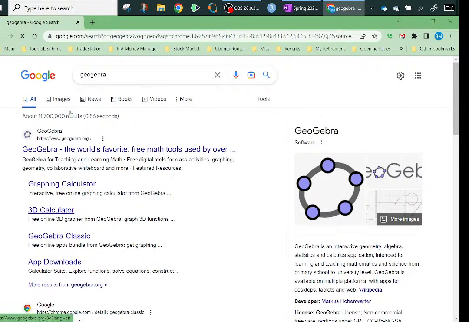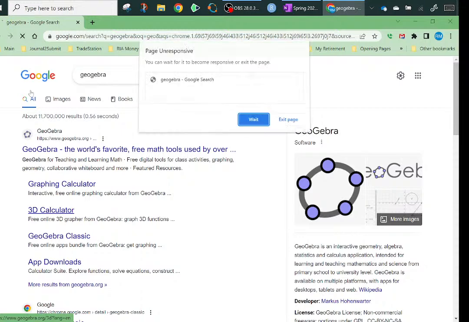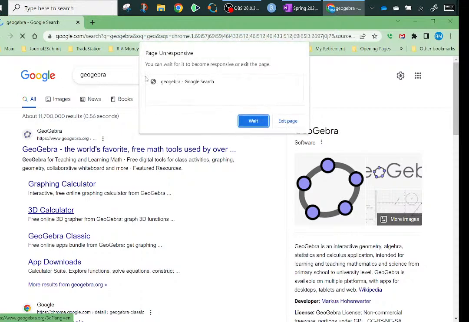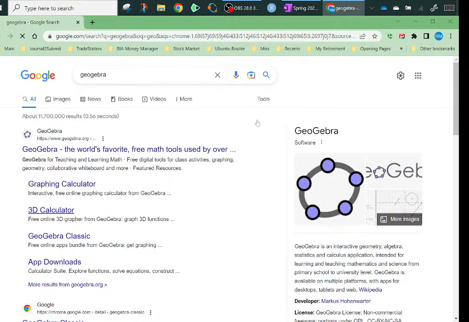Now let's see if there's a way to load a file. I am connected to the internet, it says. It's slow.